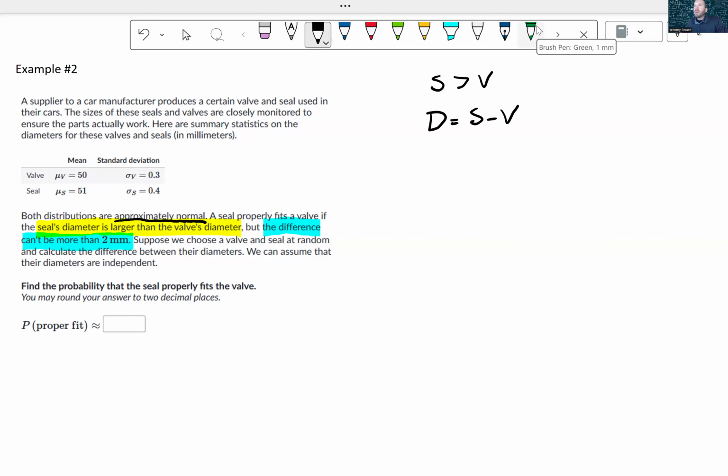Now, when I first saw this problem, I thought, well, maybe what we're trying to find is the probability of proper fit. I thought, okay, maybe we're just finding the probability that the difference is less than 2.